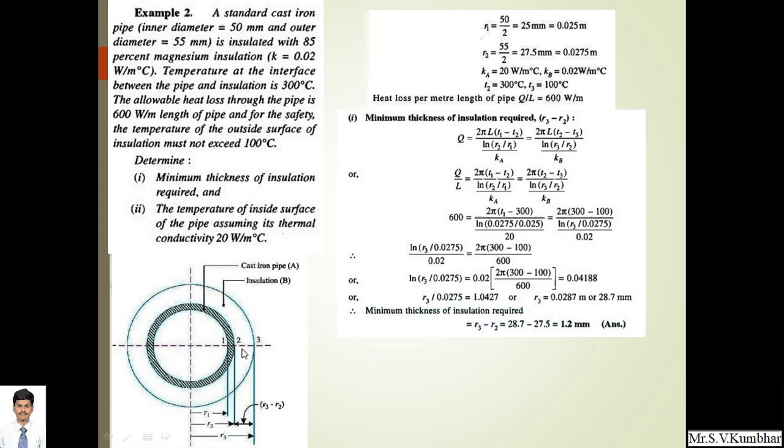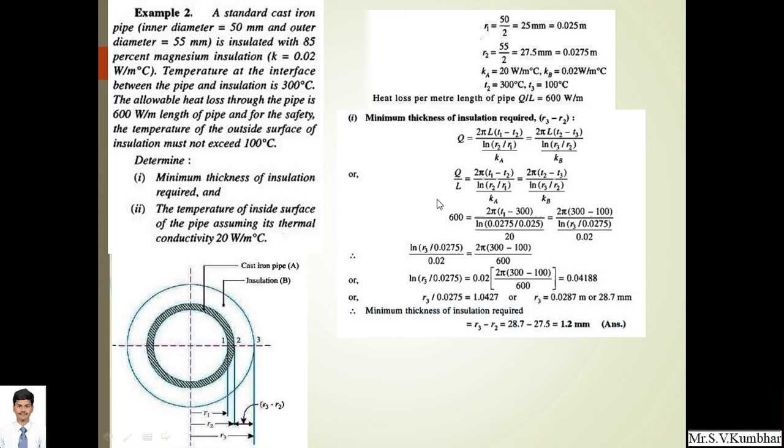Q is equal to 2 pi L into T1 minus T2 divided by ln R2 upon R1 upon K, which is equal to 2 pi L into T2 minus T3 upon ln R3 upon R2 upon KB. Now Q upon L is given to us. So take L to the left hand side, Q upon L. This equation will be as it is, omitting L only. Q upon L is 600.